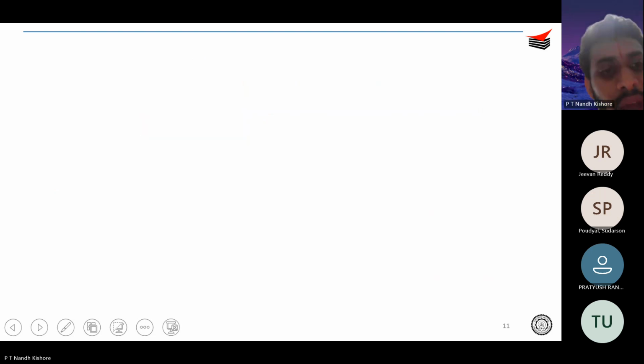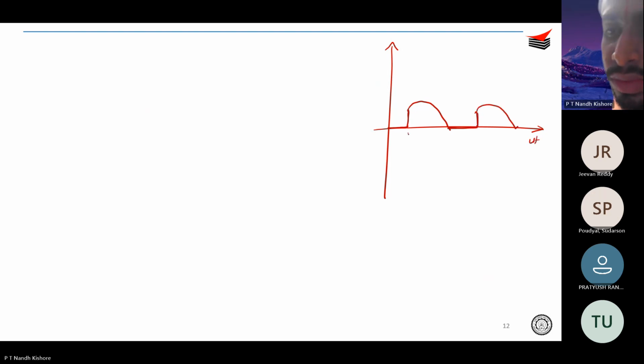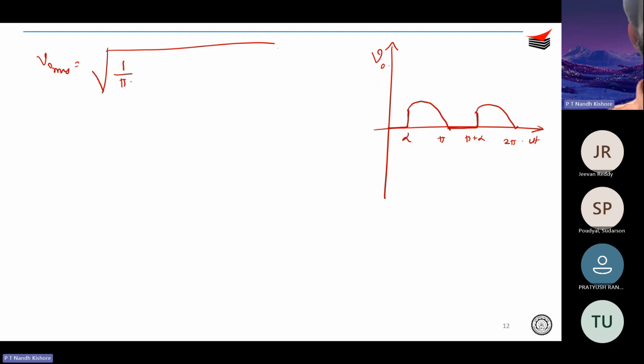So if you solve this, you are going to end up with V naught RMS equal to root over 1 by pi integral alpha to pi Vm square sine square omega t, right?